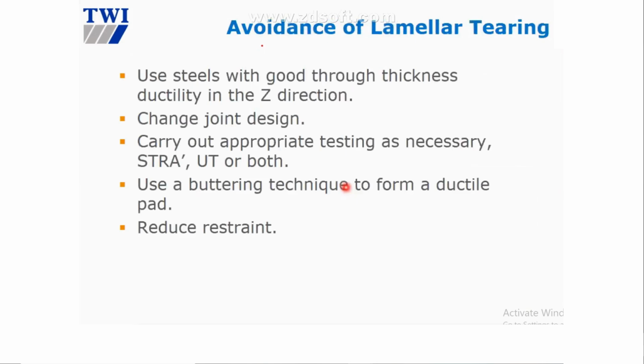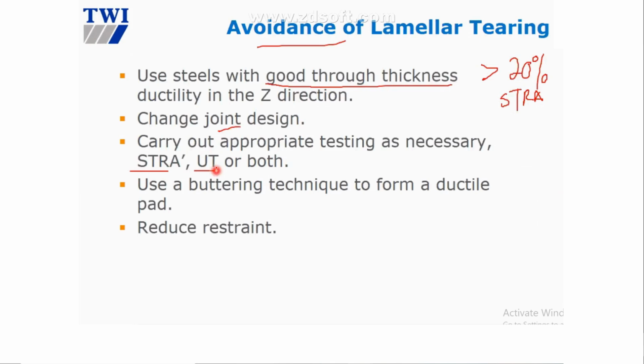How to avoid lamellar tearing? It says use steel with good through thickness ductility in the Z direction. Remember, I mentioned the Z direction, meaning the thickness direction. Good through thickness ductility, we can say, is when it's more than 20% STRA. Change joint design, carry out appropriate testing, necessary STRA.